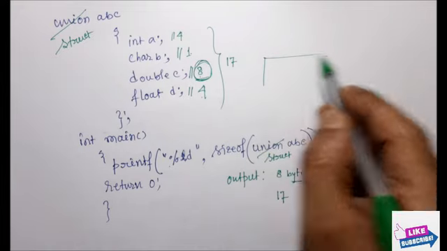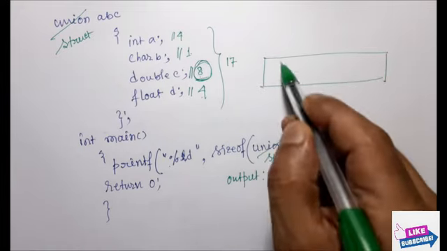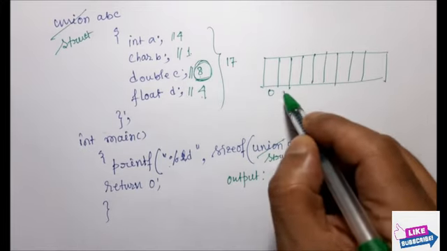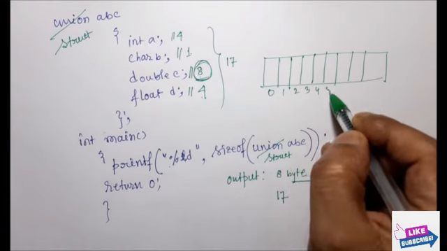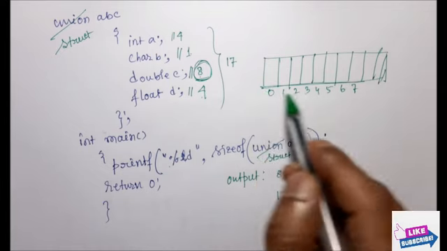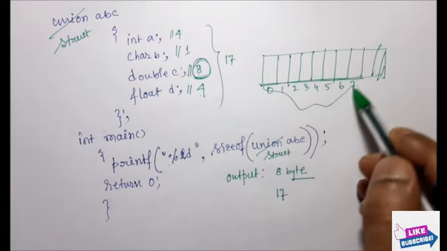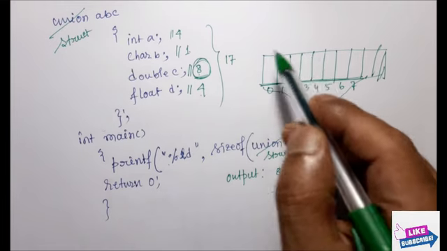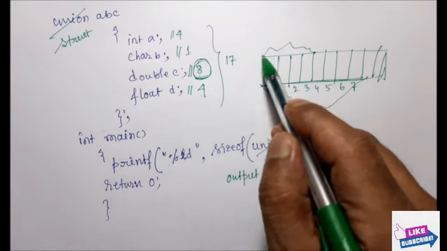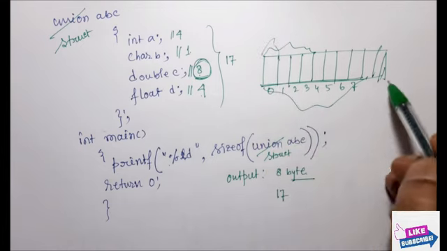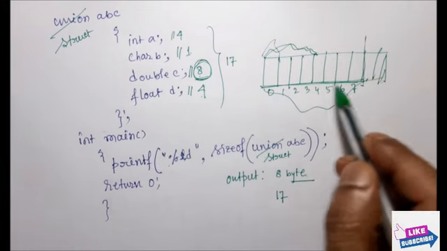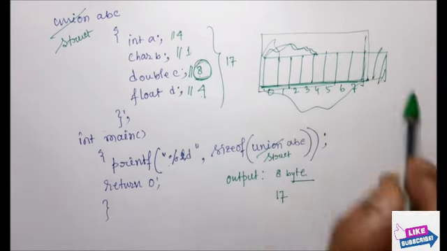If you want to represent this pictorially, in this way: 0 1 2 3 4 5 6 7 up to this point. So, here the size is 8, and when I declare the members, int will be declared here at 0 to 3, then char is also declared here, then double C takes 8 bytes, and float also takes 4 bytes. So, the total size of the union is 8 bytes.